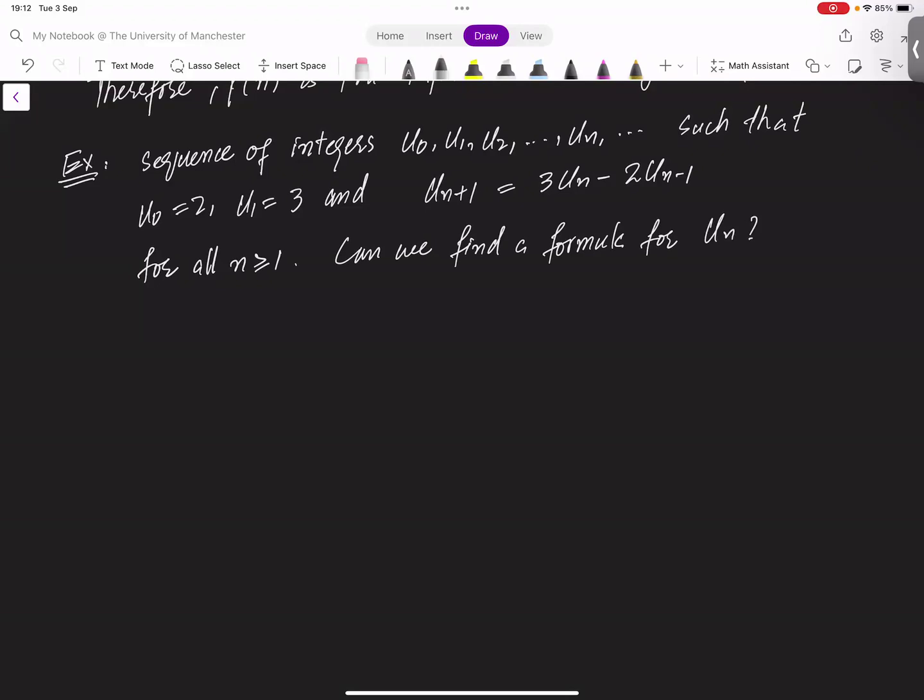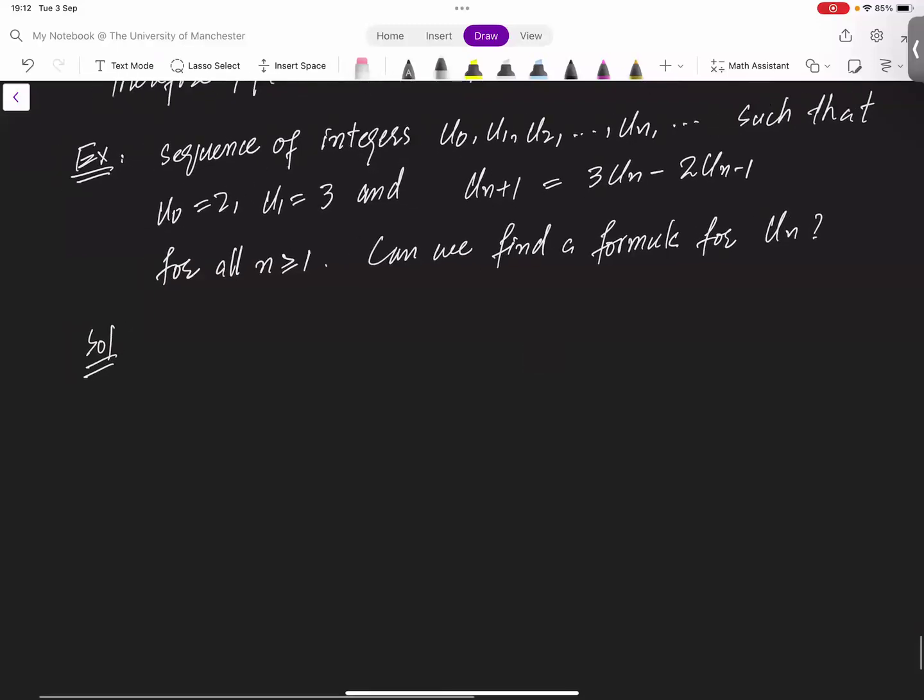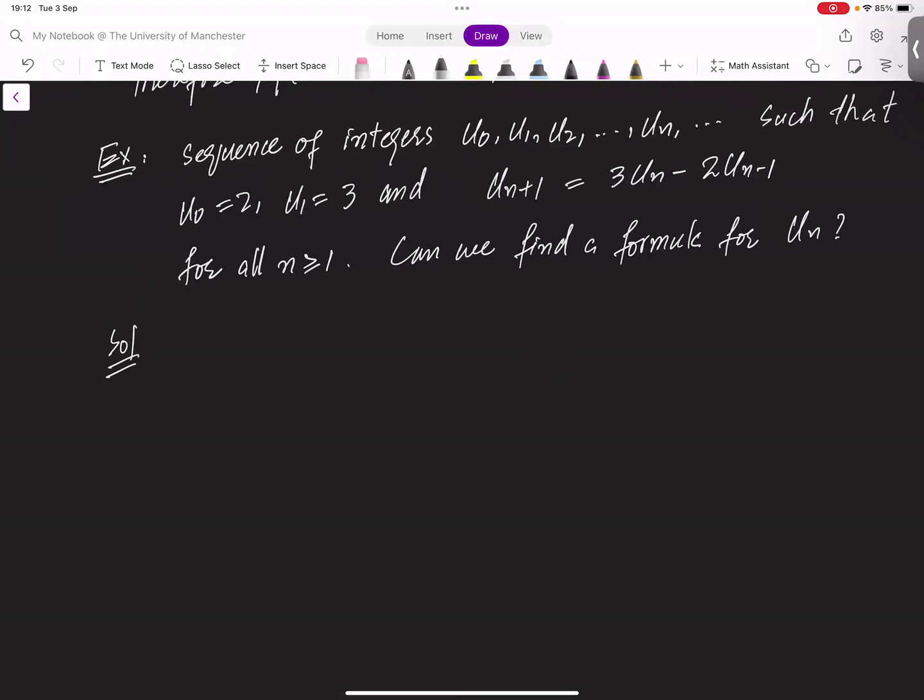Okay. Now, solution. Using the equation with n equal to 1, we get u2 is 3u1 minus 2u0, which is 5 if we just put these two values.